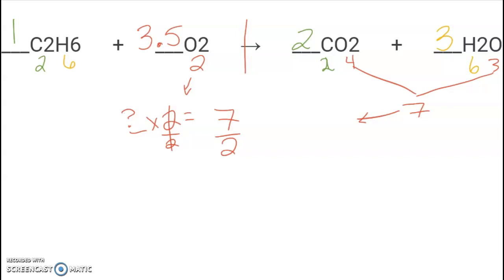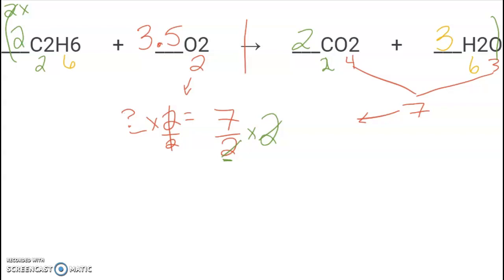Since it's over 2, the only way to cancel that is to multiply the entire thing by 2. If I multiply this whole thing by 2 now, so my parentheses here, if I multiply everything by 2, because you can't just multiply one thing by 2. That wouldn't work. So now my 1 turns into a 2.